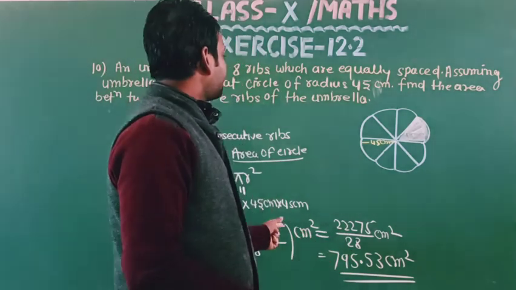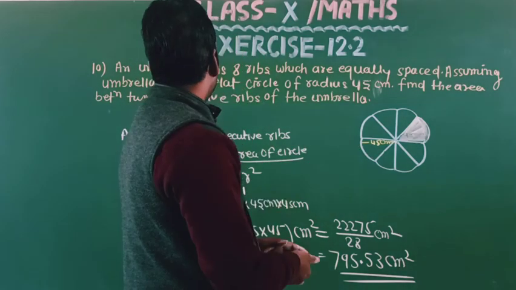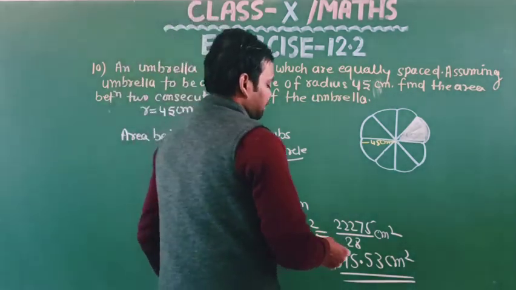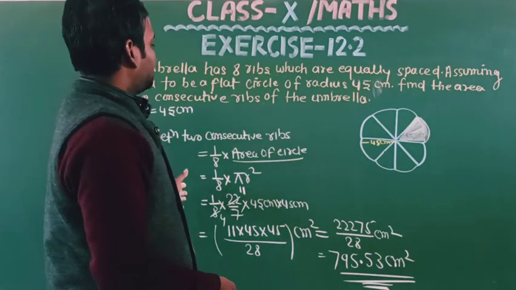This is the area between two consecutive ribs of the umbrella. So this is the required answer of question number 10.